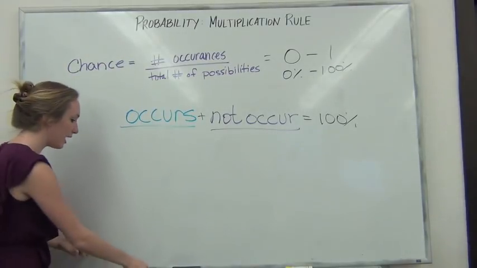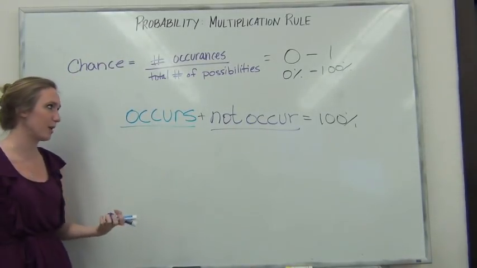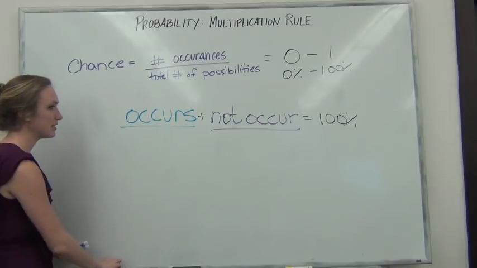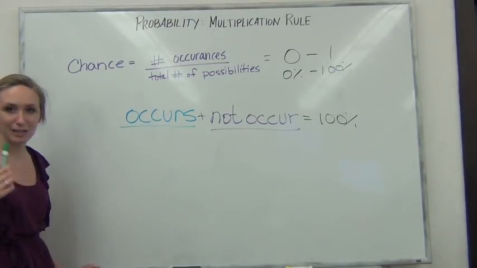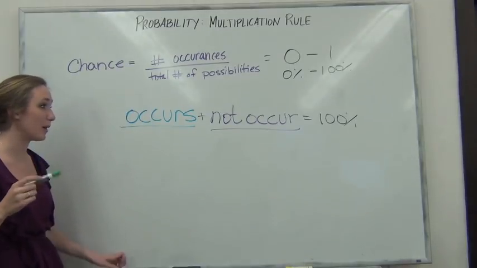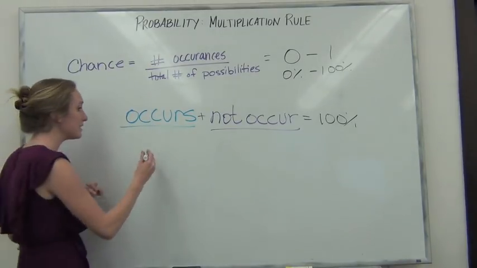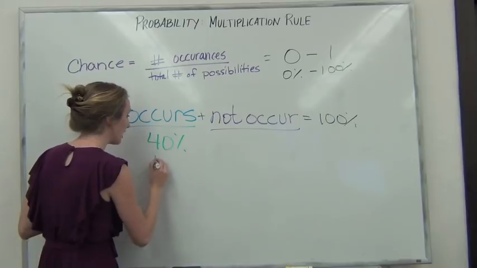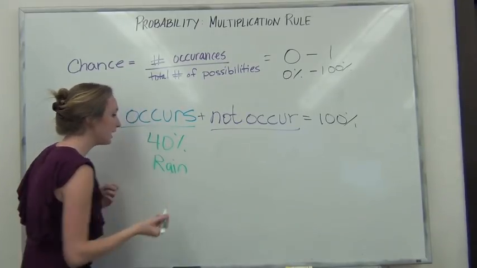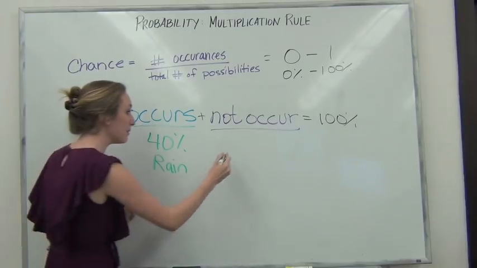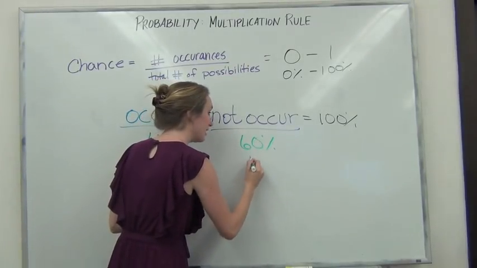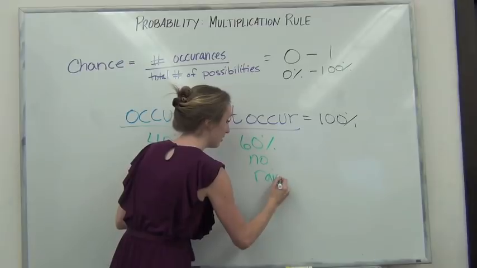So one common thing that we read all the time in the newspaper and see on TV all the time is the weatherman trying to predict the probability of rain, the chance of rain today, whether or not to bring an umbrella. And when the weatherman says that there is a 40% chance of rain, even though he hasn't explicitly told us, we can infer that there is a 60% chance that it's not going to rain, right?